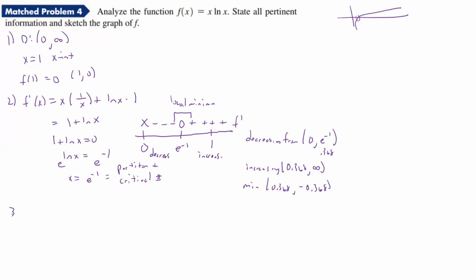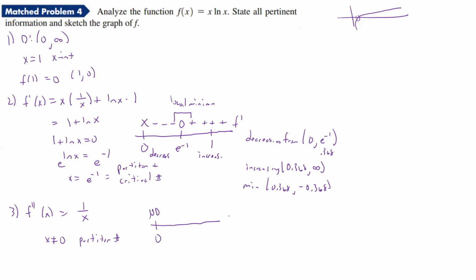So what's 3? Well, 3 is the second derivative. So 1 disappears, ln of x becomes 1 over x. Here, x cannot equal 0, so that's a partition number. But again, we already know it can't be equal to that. And so at 0, we have no derivative there.